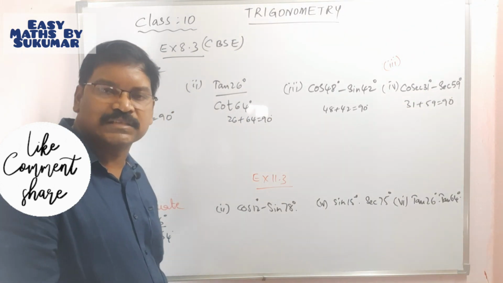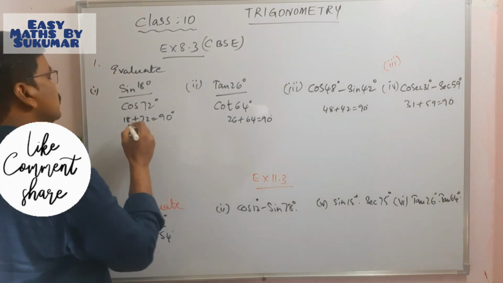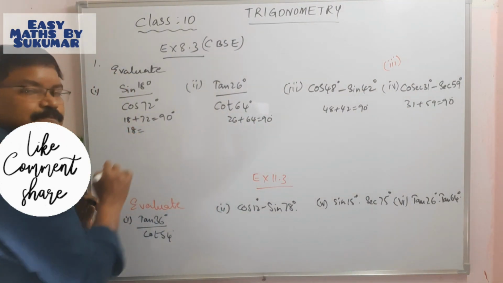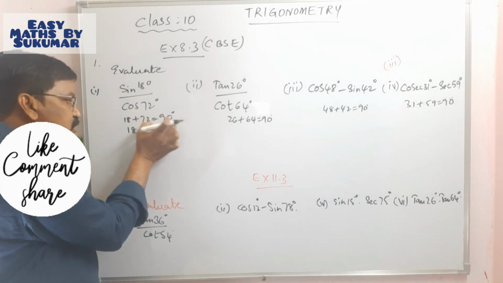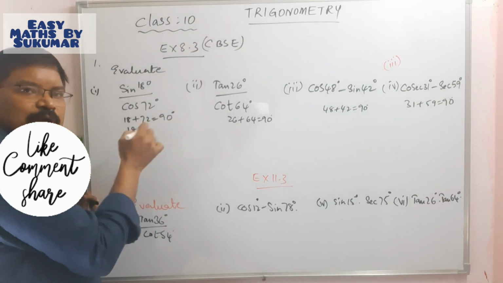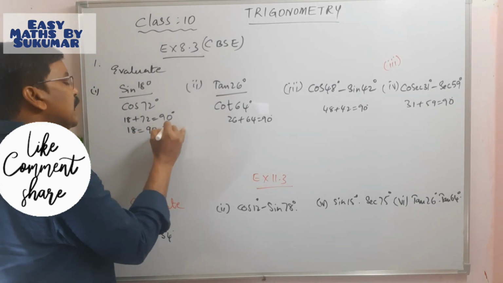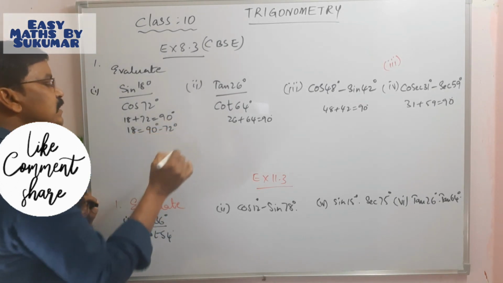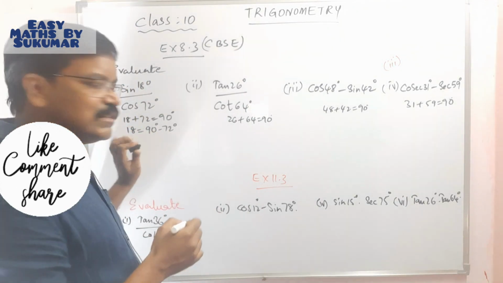All the pairs of angles given are complementary, right? See my dear students, what is 18 here? 18 plus 72 is 90. Using these two, 72 and 90, what is 18? 18 can be written as 90 minus 72, isn't it? 90 minus 72 is 18, right?